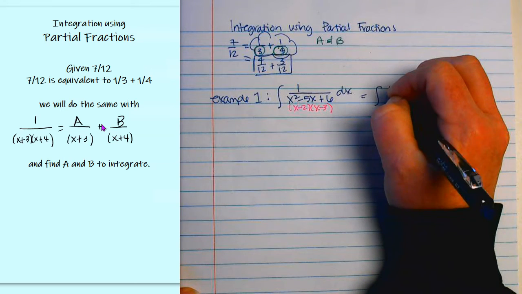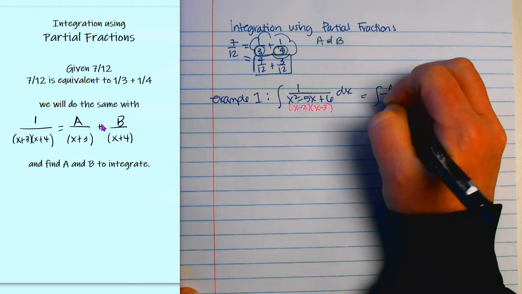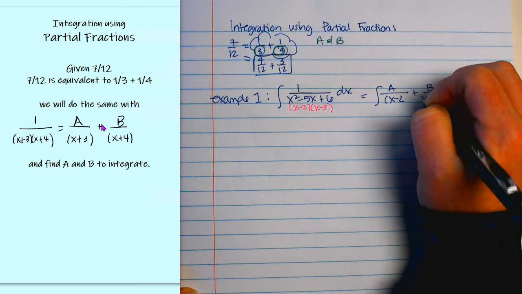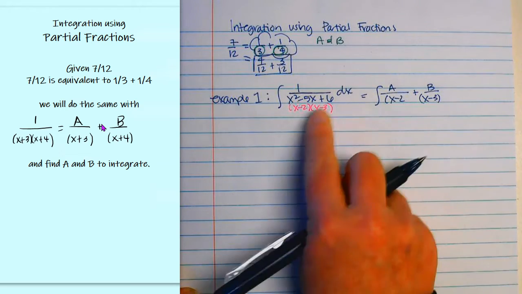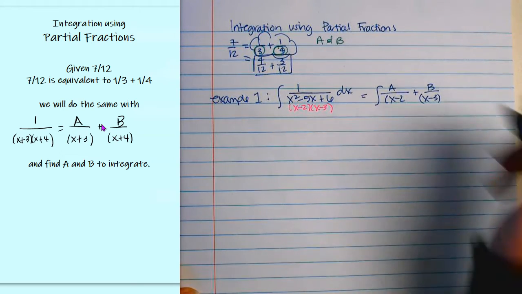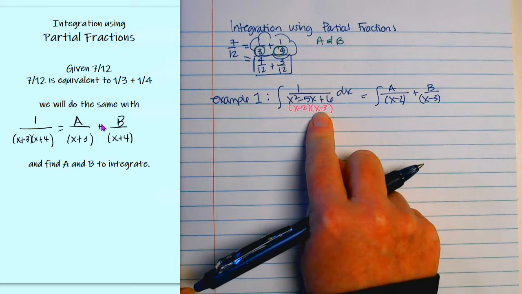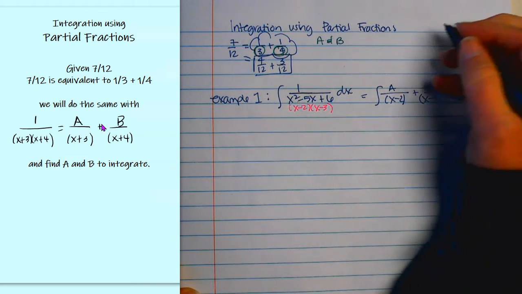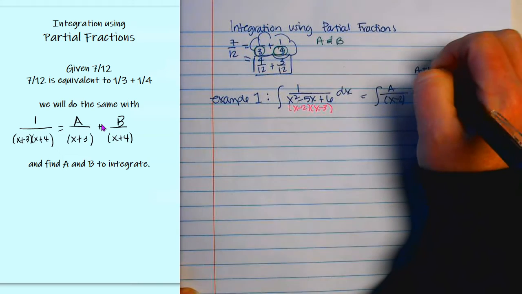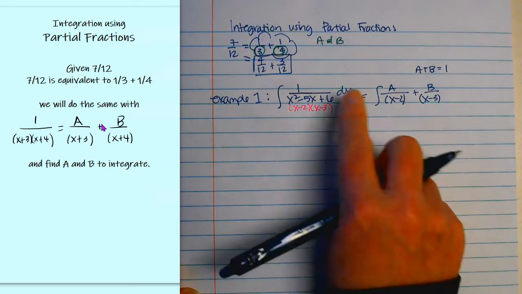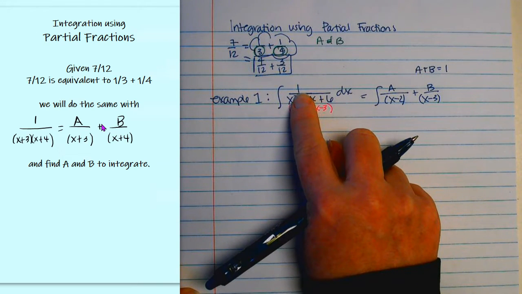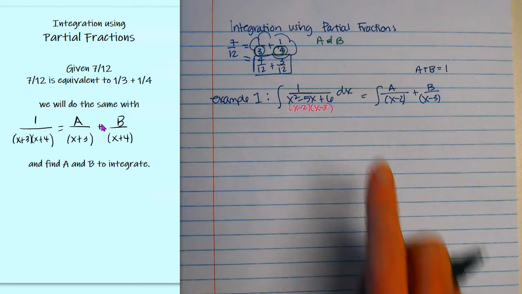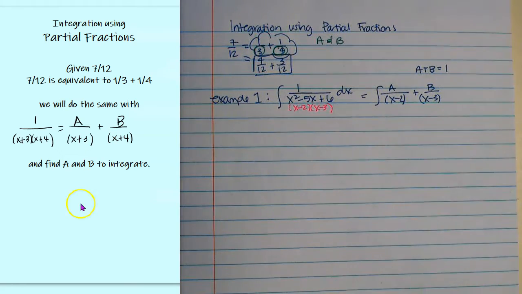I'm going to say I don't know the numerator for the x minus 2, plus I don't know the numerator for the x minus 3. So I'm making new fractions that have these two denominators, and I don't know what the numerators are, but I do know that A plus B has to equal 1 because that's my 1 here. So I am rewriting this in a form that later I'm going to be able to integrate easily.